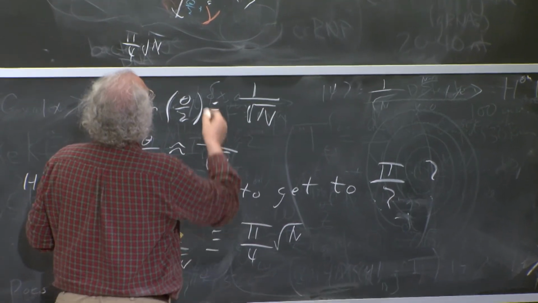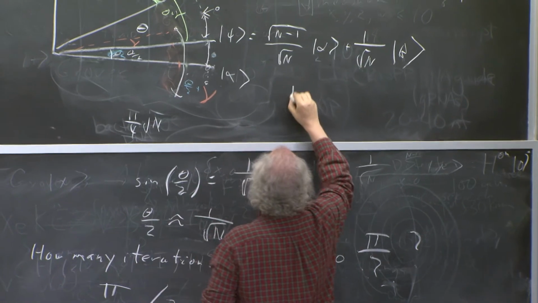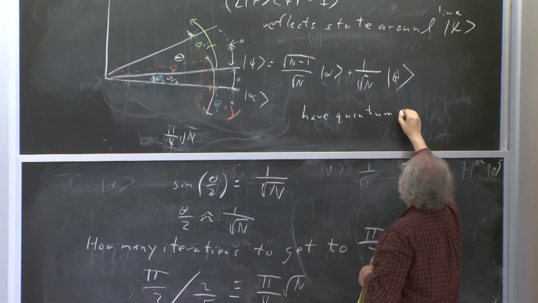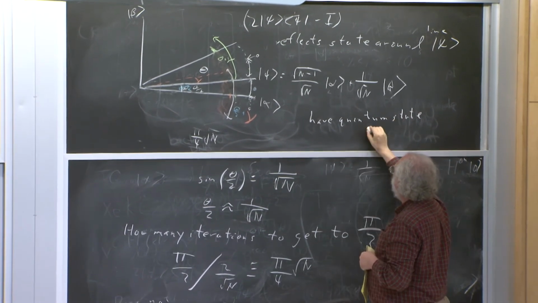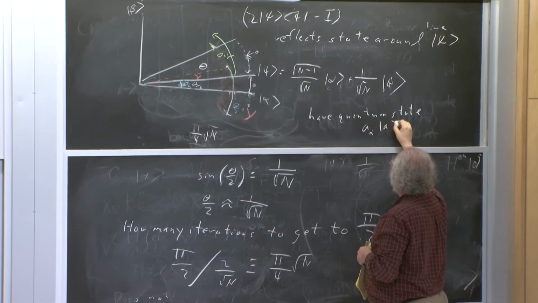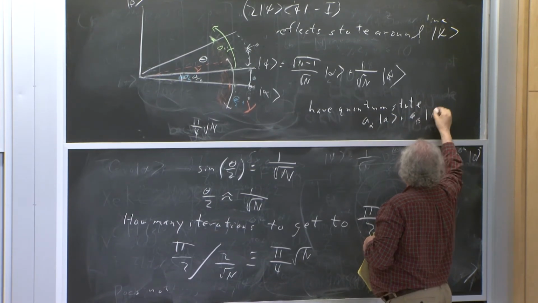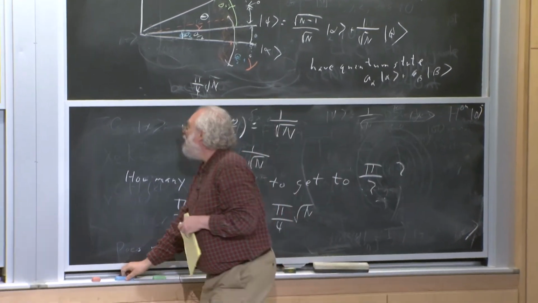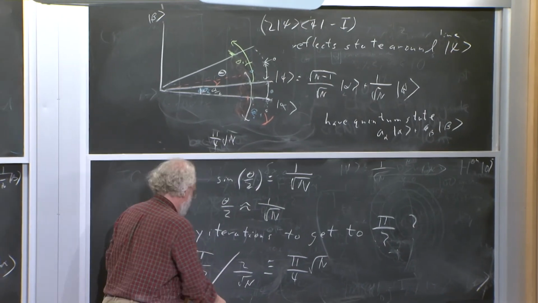We start with a quantum state, which is A sub alpha alpha plus A sub beta beta. So that is somewhere on the unit circle here.